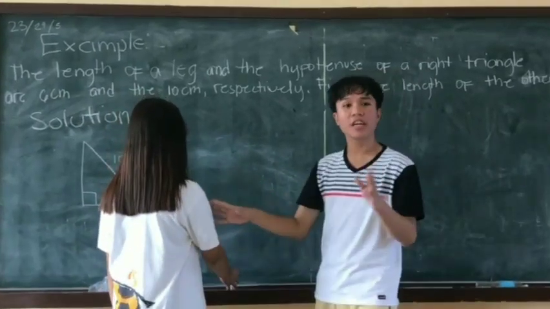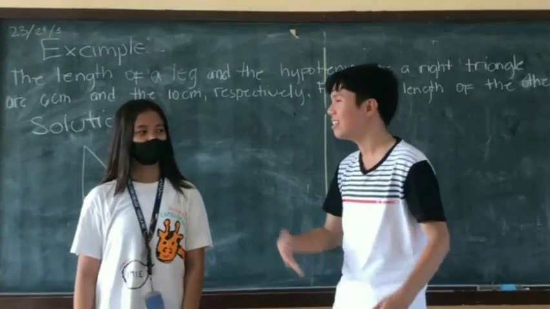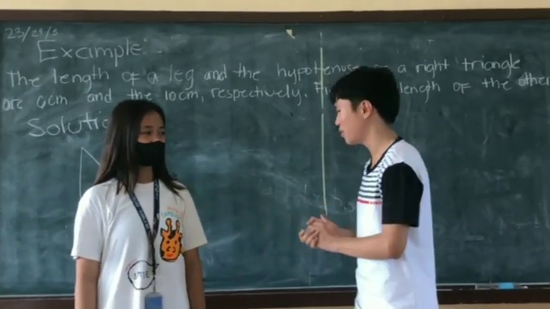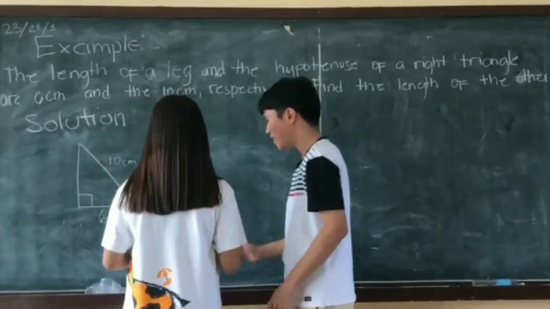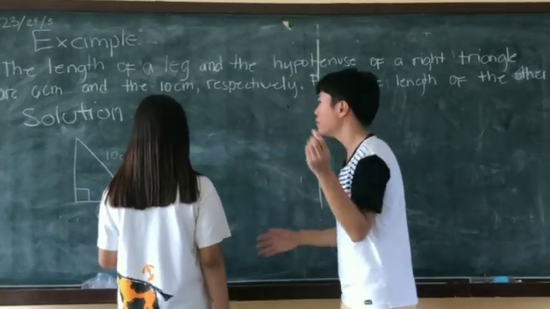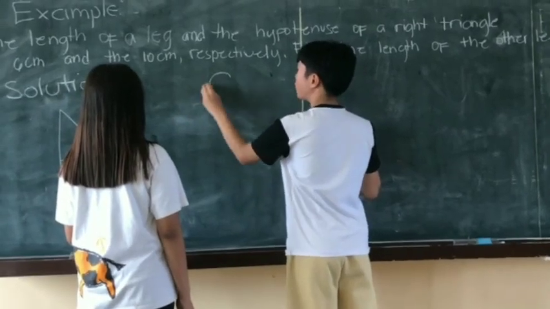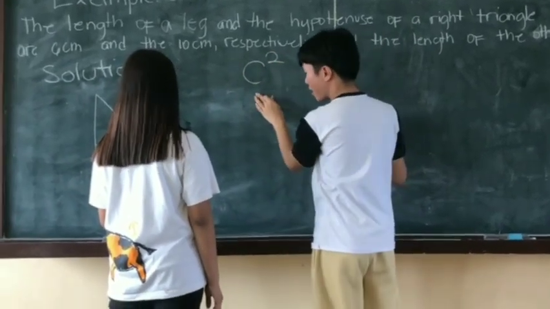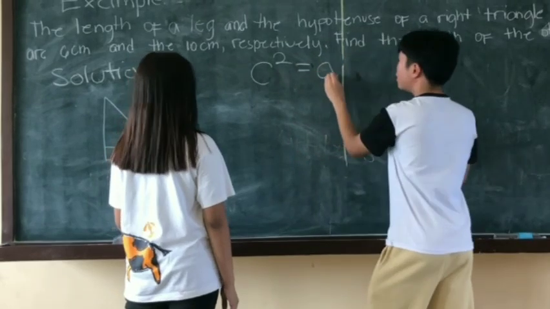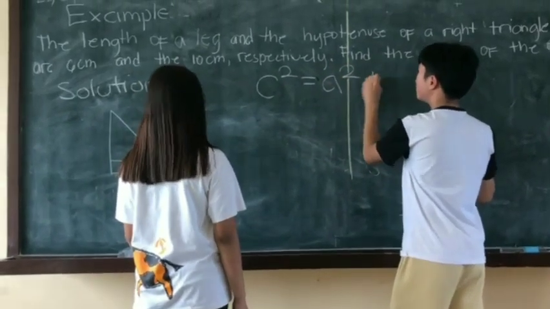So we're going to use the Pythagorean theorem. Let's begin. What is the Pythagorean theorem? It looks like c squared equals a squared plus b squared.